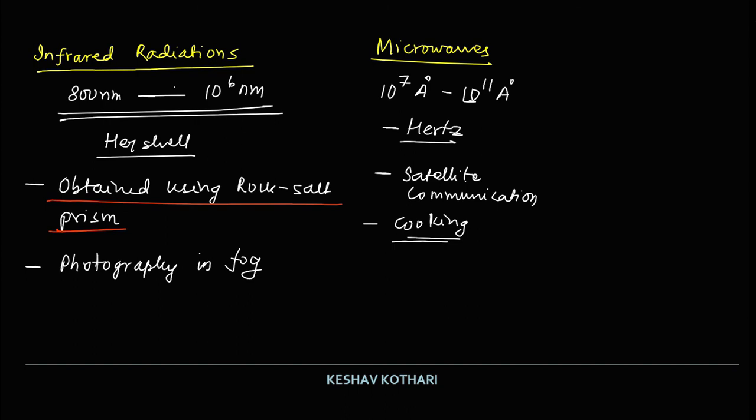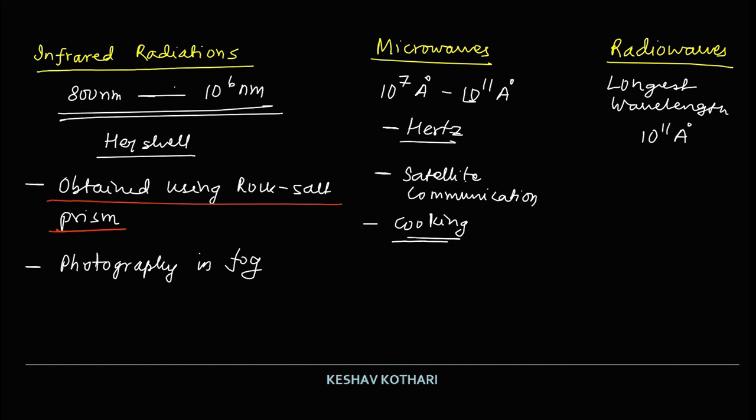The last one is radio waves. These are the waves of longest wavelength, that is, the wavelength is above 10 meter or 10 to the power 11 angstrom, and they have a frequency of 3 into 10 to the power 7 hertz.